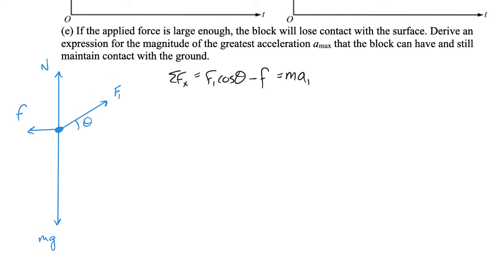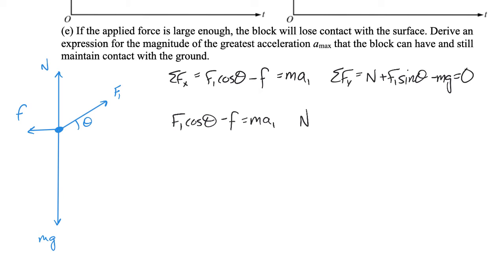And net force in the y direction, normal plus F1 sine theta minus mg equals 0. All good? All right. So I'm just going to change this a little bit. F1 cos theta minus F equals MA1 and normal plus F1 sine theta equals mg.